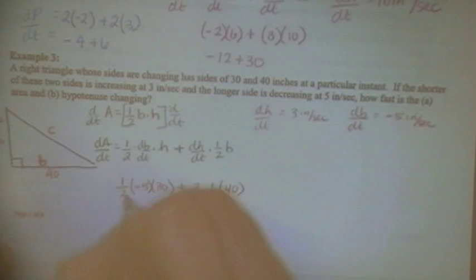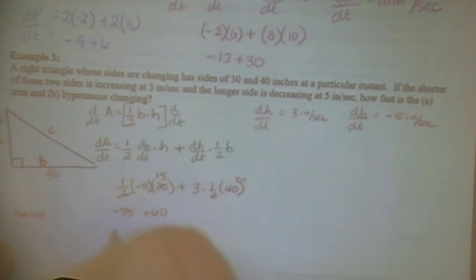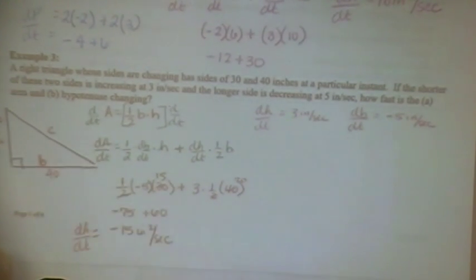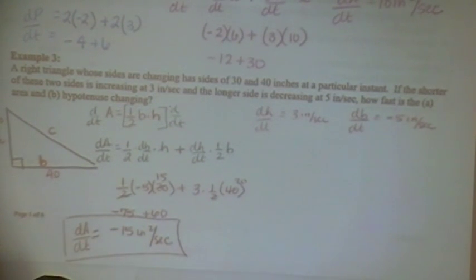Then just simplify. So I ended up with negative 15 inches squared per second after simplifying everything.